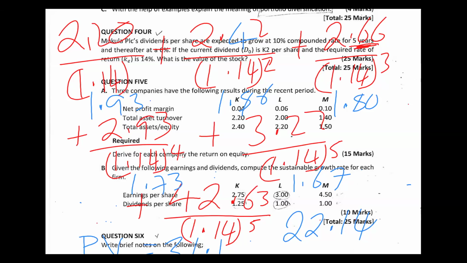Well done. Okay, 31.13, according to what we have received here. So basically, this is going to be the value of the stock. So you are going to say, therefore, the value of the stock is 31.13. So that's the value of the stock.